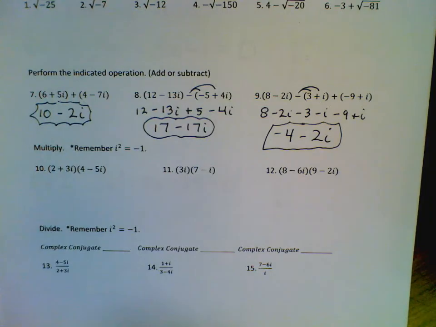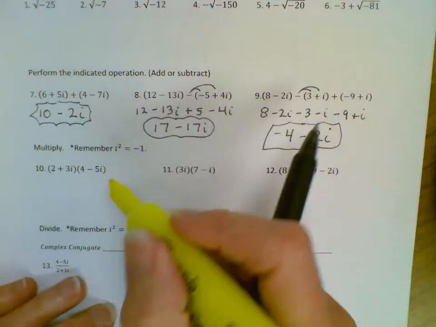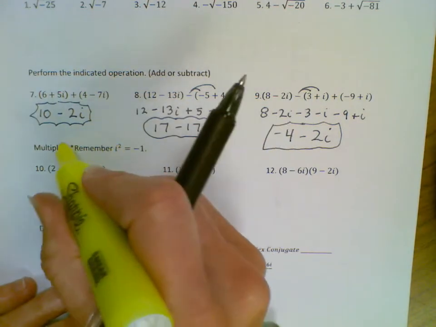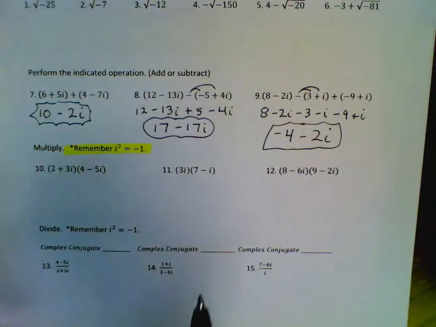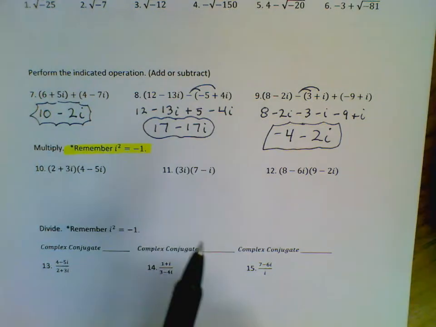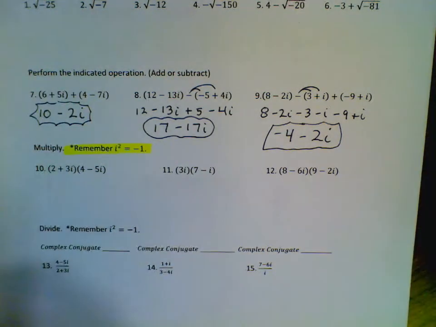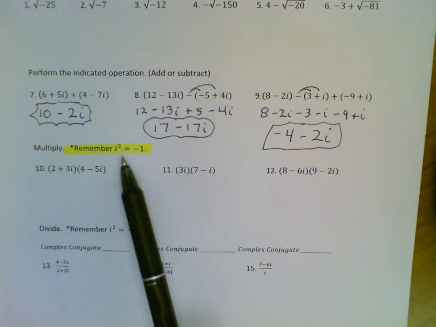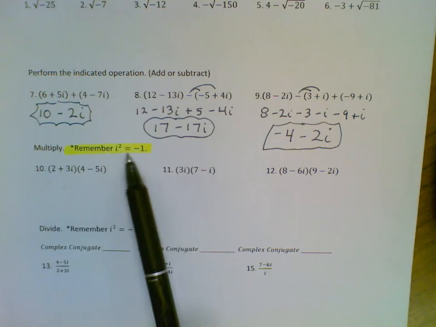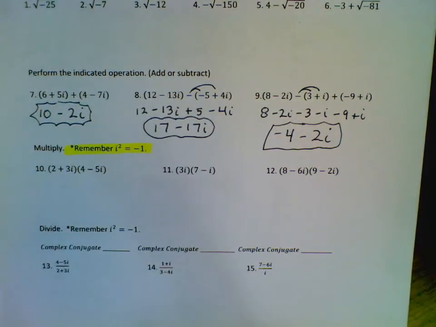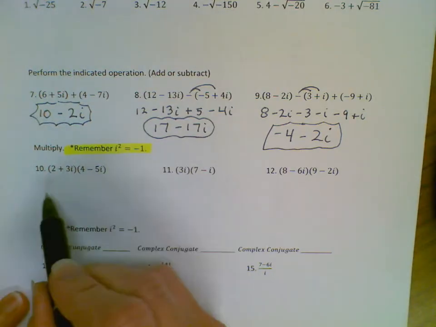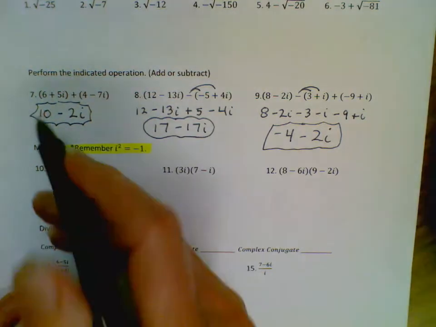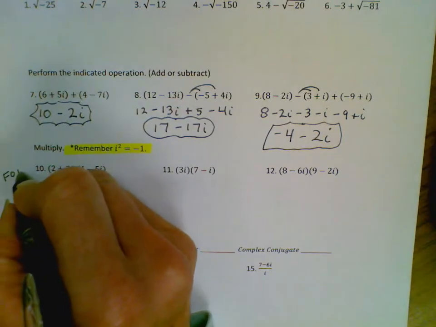Now remember, when you multiply these complex numbers, you're going to generate an i squared. In the last video, we said that i squared, that's at the top of this paper, was defined to be -1. So I just gave you a little reminder here. Whenever you see an i squared, you have to replace it with a -1. So this first one, just like regular polynomials, I'm going to have to FOIL.